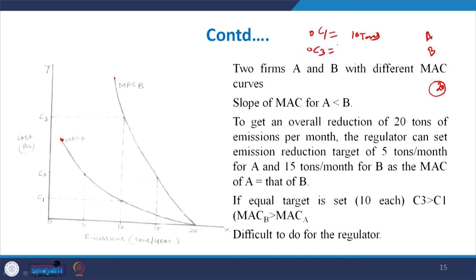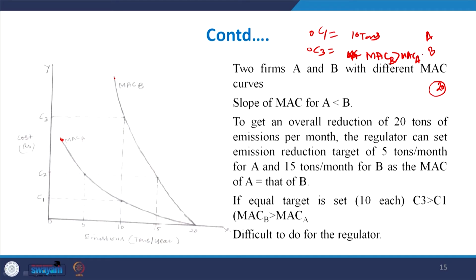So, this clearly indicates that since the slopes of the marginal abatement cost curves of the two firms are different, B firm emitting 10 tons of CO2 equivalent has a marginal cost equal to OC3, so the marginal abatement cost of B firm is greater than the marginal abatement cost of A firm.